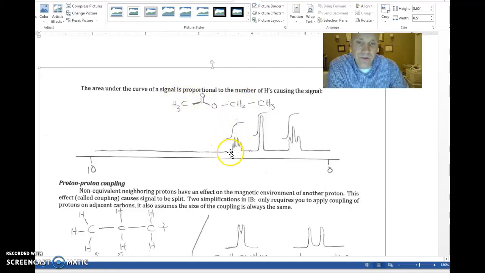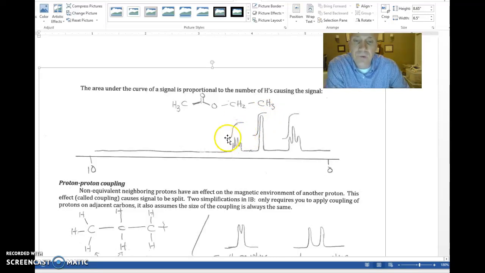If I took a pair of scissors and cut out this signal and weighed it, the weight of that piece of paper would be 2/3 the weight of this signal if I cut it out. Another way of saying that is the area under the curve here is 2/3 compared to 3/3 for this one. If this is 3 units high, this would be 2 units high.